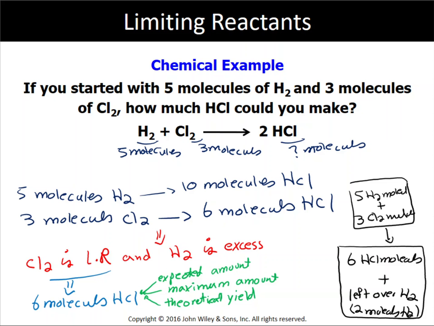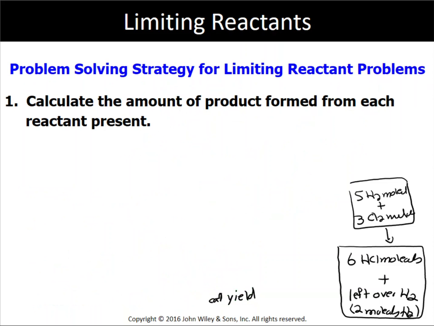We have some product, which is hydrochloric acid, but I also have some leftover reactant because hydrogen gas was in excess and some of it was unreacted. So you call it leftover or unreacted.